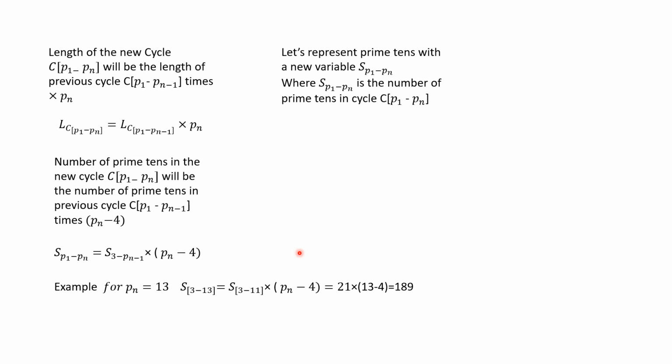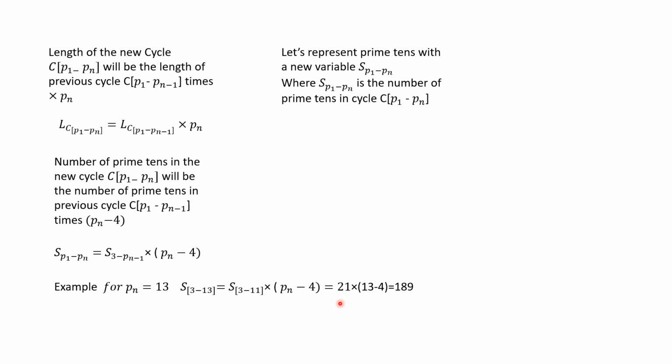So as an example, for Pn equal 13, we're going to find the number of empty boxes in the cycle of 3 through 13. 3 is P1 and 13 will be P4, right? So for the number of empty boxes in that cycle, we take the number of empty boxes of the cycle from 3 to 11, the cycle composed of the cycles of number 3, number 7, and number 11, times Pm minus 4.